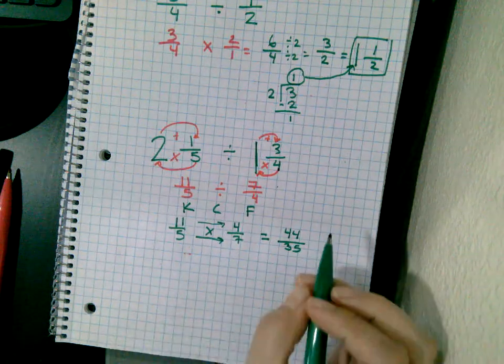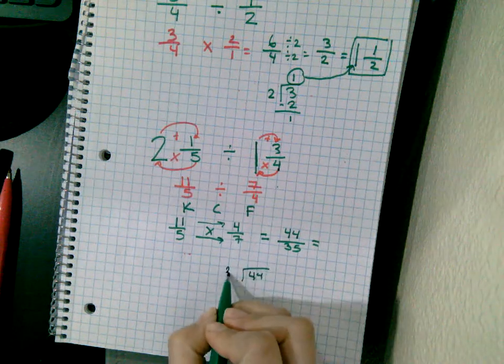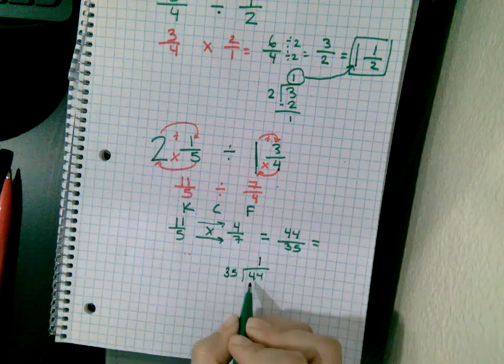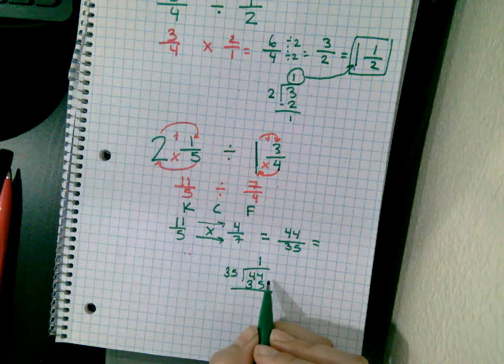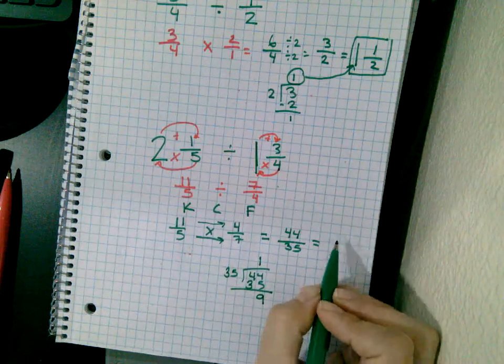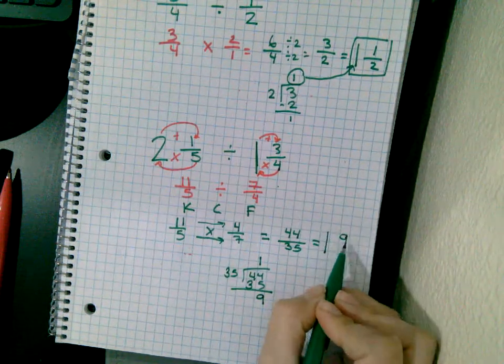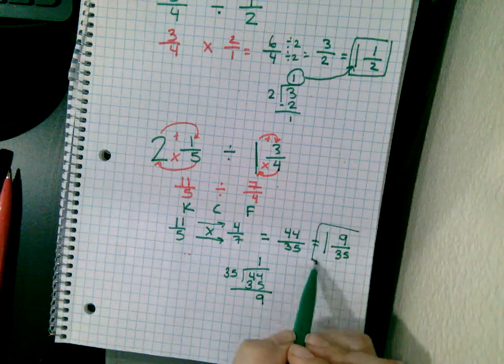All right. And then this turns into, let's see, 44 divided by 35 gives you 1, and then the remainder 9. So it would be 1 and 9 over 35. That would be our final answer.